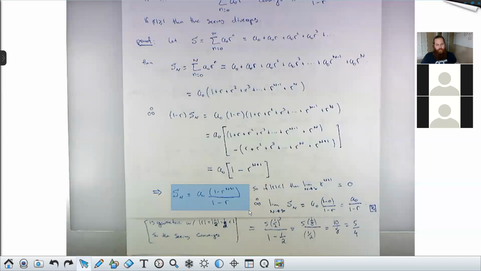Remember when we talked about geometric sequences, we said the limit of r to the n will be 0 if the absolute value of r is less than 1. That's what's necessary in order for this to have a finite limit. So the series here will converge if and only if r to the n goes to 0, and the requirement for r to the n to go to 0 is the absolute value of r being less than 1.